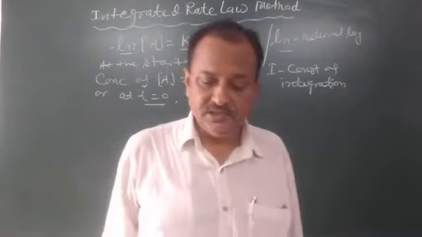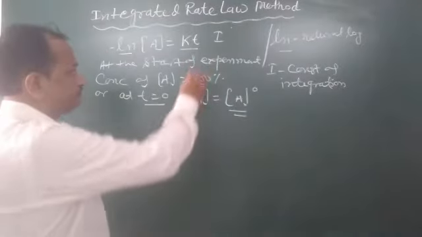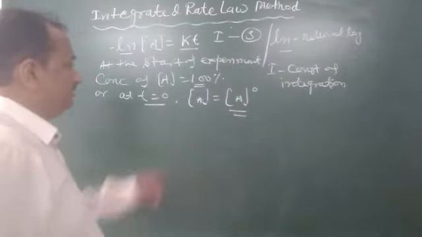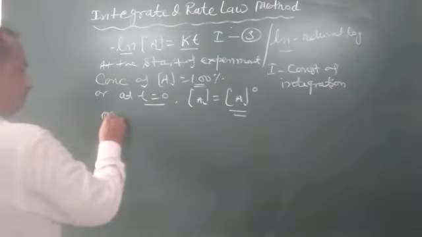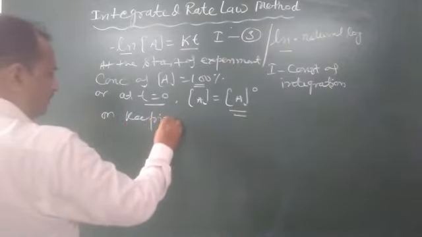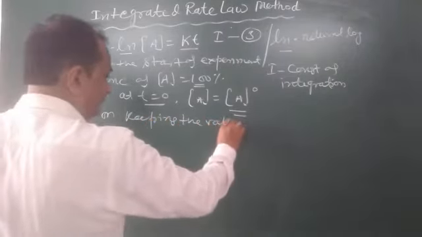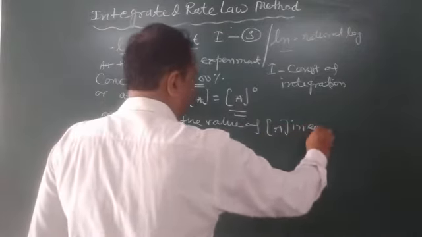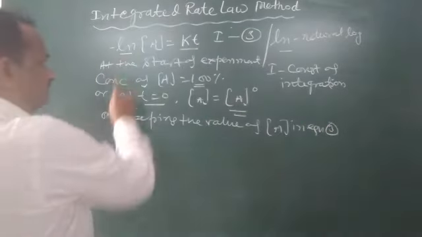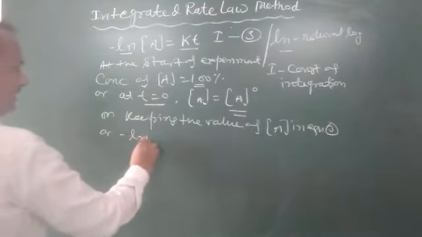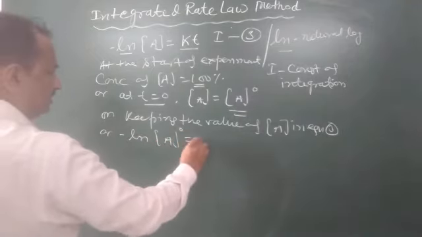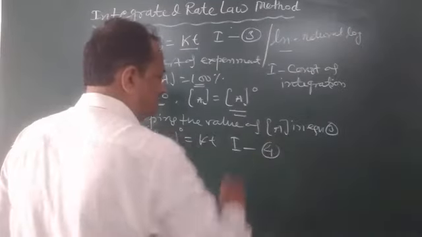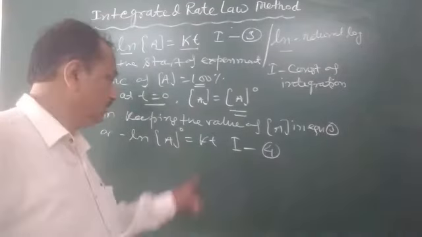This equation will be equation number 3. Keeping this value of A in equation 3, we put minus ln A naught is equal to kt plus I. This is equation number 4.